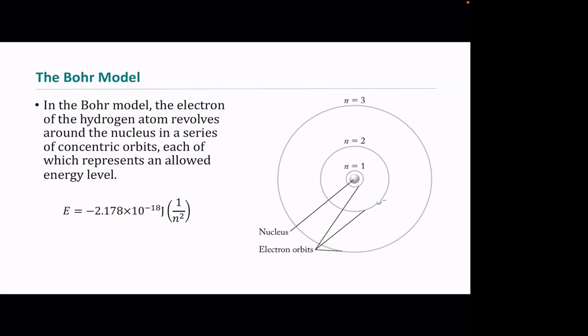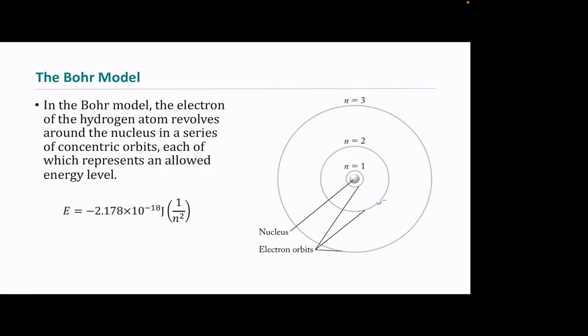In the Bohr model, the electron of the hydrogen atom revolves around the nucleus in a series of concentric orbits, each of which represents an allowed energy level. So this is the idea of this quantized nature. There isn't the plum pudding model where electrons are just swirling around the nucleus, free to go wherever they want. They're confined.